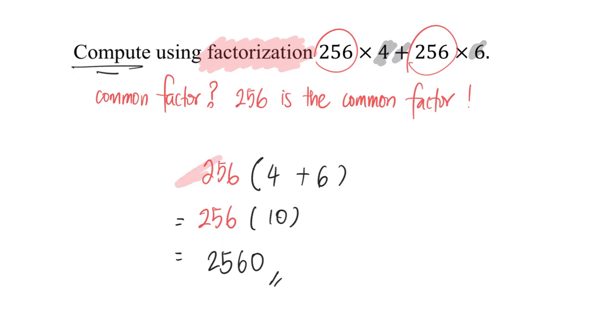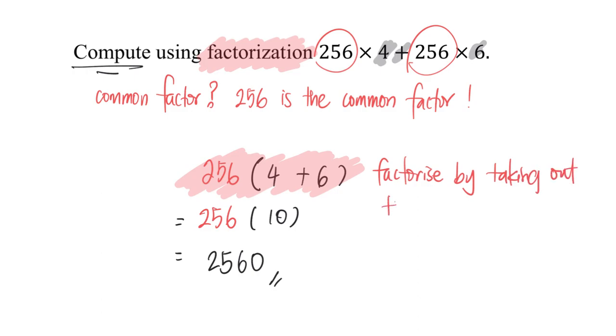So this particular step is the step whereby we actually do factorization. Okay. So actually here we are factorizing by taking out the common factor of 256. Alright, with that we have come to the end of this particular problem.